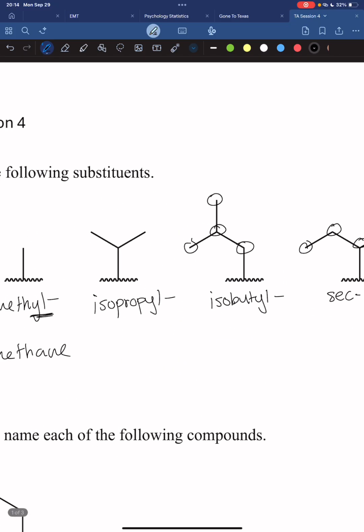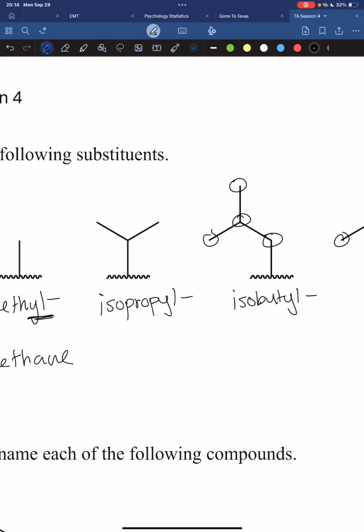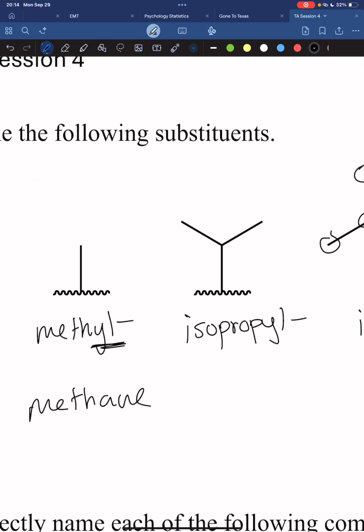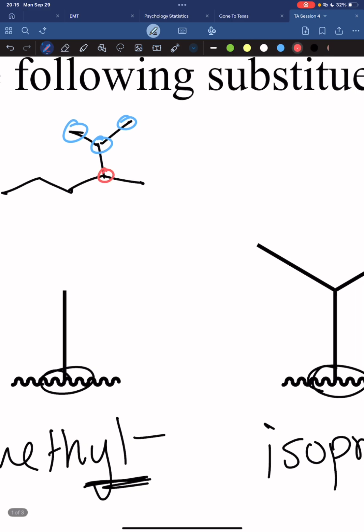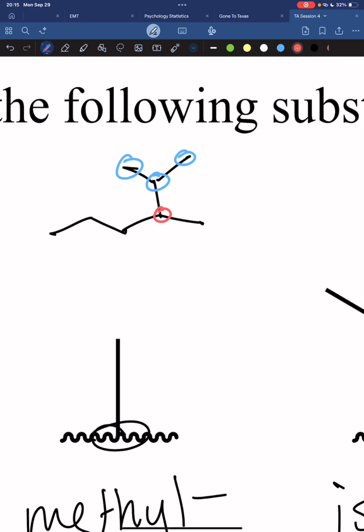So a key thing to note that a lot of students get tripped up with is that they'll count this carbon here. Let's say there's a carbon already connected here. Let's draw another molecule. And what people will say is that these are all the carbons in the substituent. And that is not true, because this carbon here is part of the chain, right? This blue portion is the substituent.